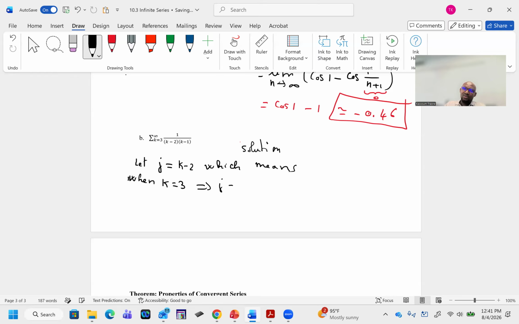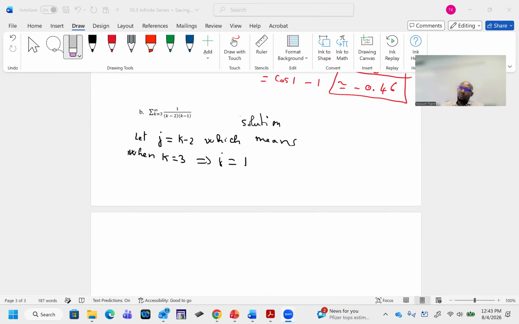G will be 1. Any question? Do we just do substitution?